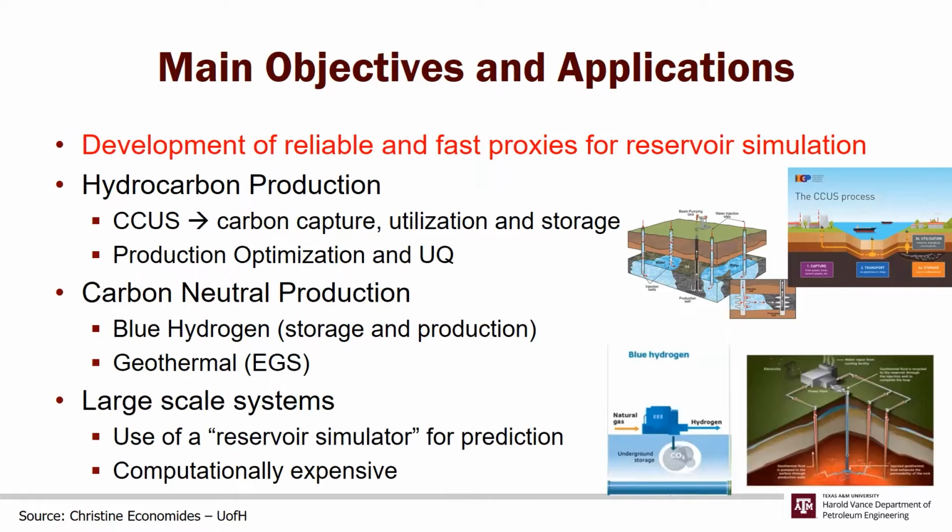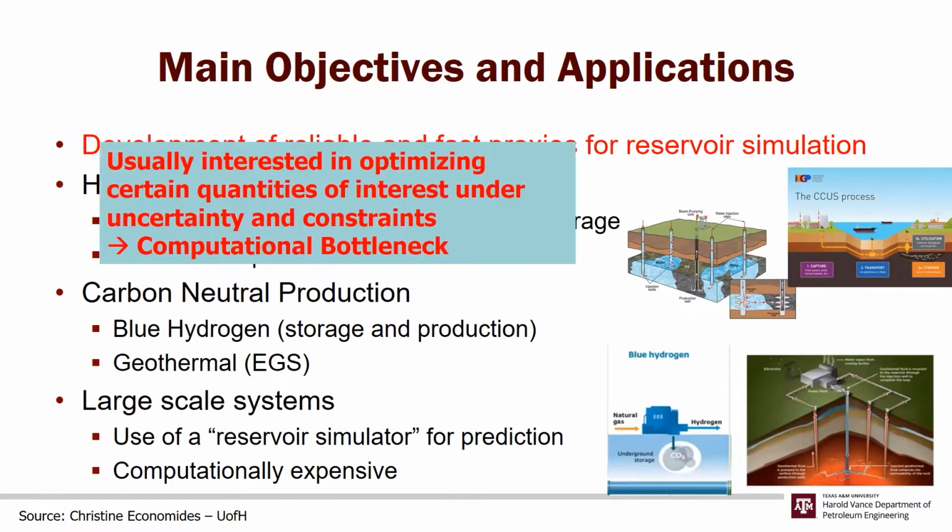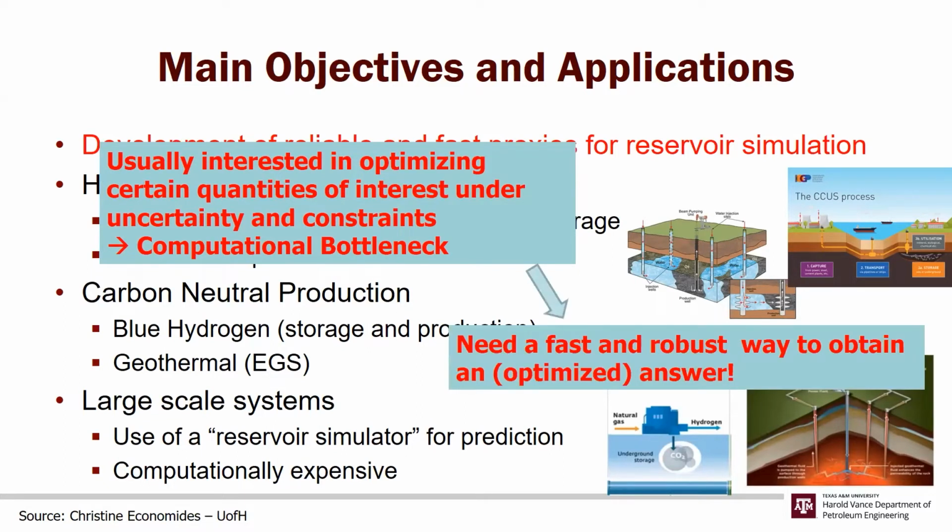But today we are looking at uncertainty quantification, where we need to look at multiple, even hundreds, of those simulations, so you can do the math on how long it takes. Usually you're interested in optimizing the quantity of interest under uncertainty quantification constraints, and that's our bottleneck. So what we're looking at is fast and robust ways to obtain an optimized answer.